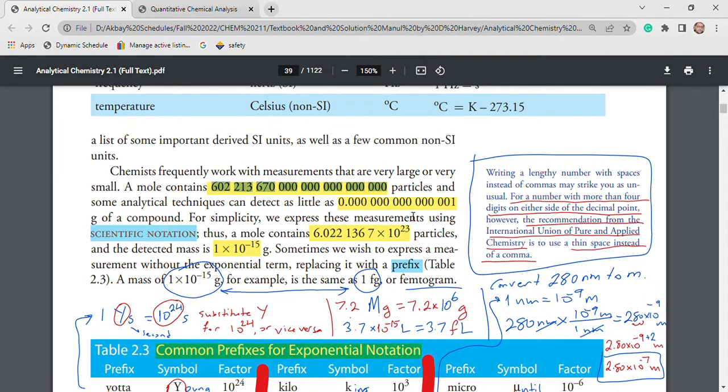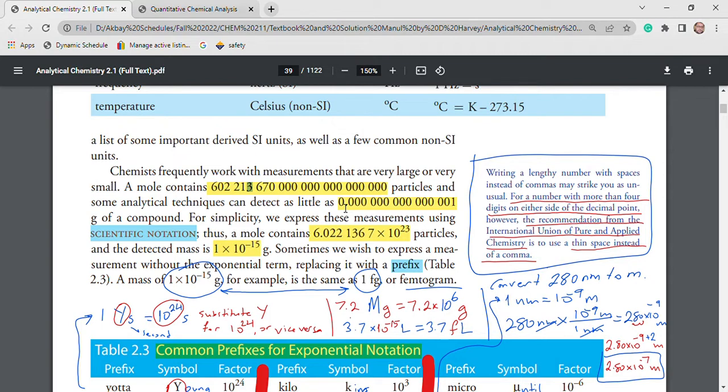There are many zeros there, 20 plus. So when you write it down, most of the time we try to count them, to make sure we're not missing any zero, or not adding more zeros. So it is really challenging to handle those numbers.